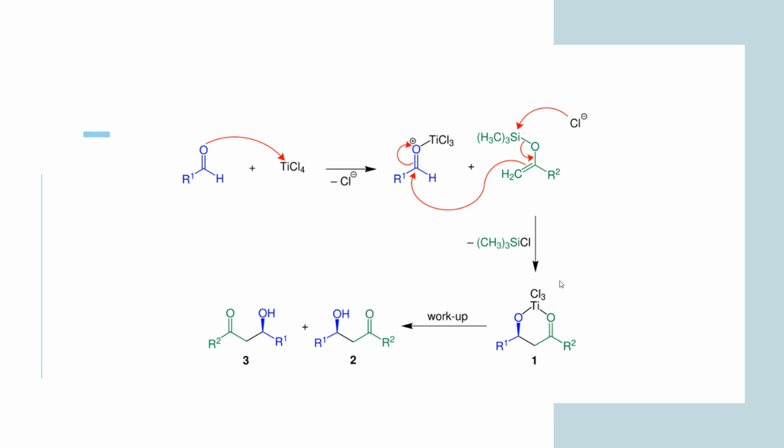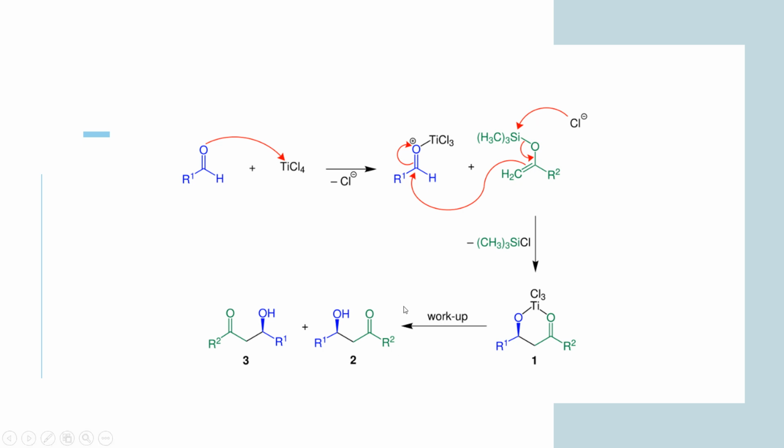Okay, in Mukaiyama aldol reactions, acidic workup is done to remove this Lewis acid fragment, which is coordinating with both the oxygen, and this O minus oxyanion, which could be generated by the enol attack at the electrophilic center, that oxyanion is going to take up a proton in the workup step to give you this beta hydroxy ketone. Okay, so this is the mechanism that Mukaiyama aldol reactions follow.